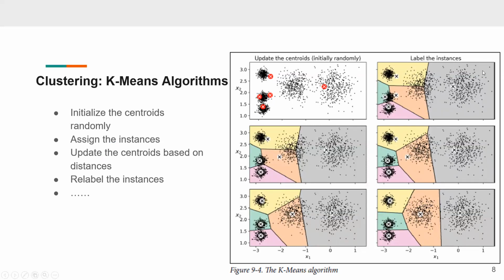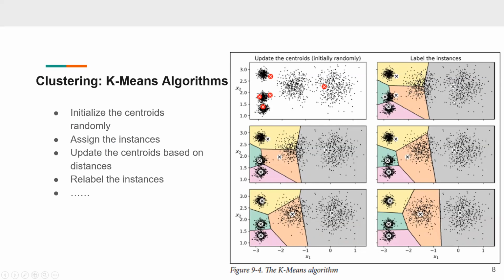When you label, it turns out these would be the first iteration of the output, those 5 different clusters.